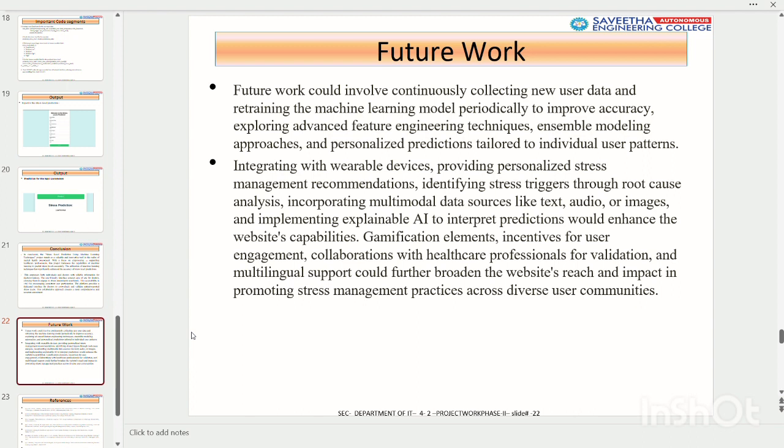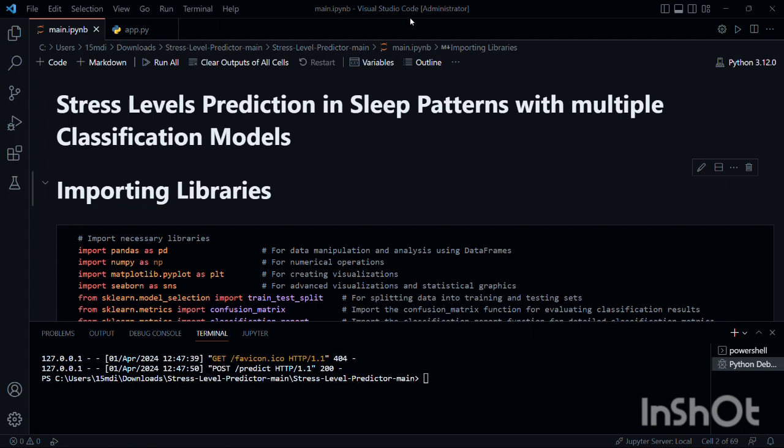Implementing explainable AI to interpret the predictions would enhance the website's capabilities. These are the future work of our project, and it will impact promoting stress level management practices across diverse user communities.